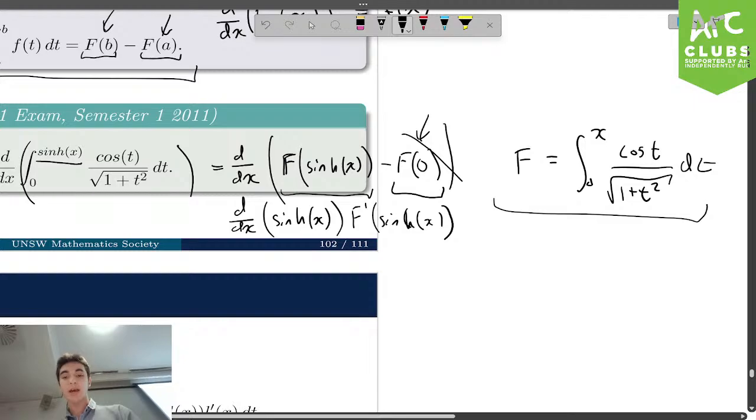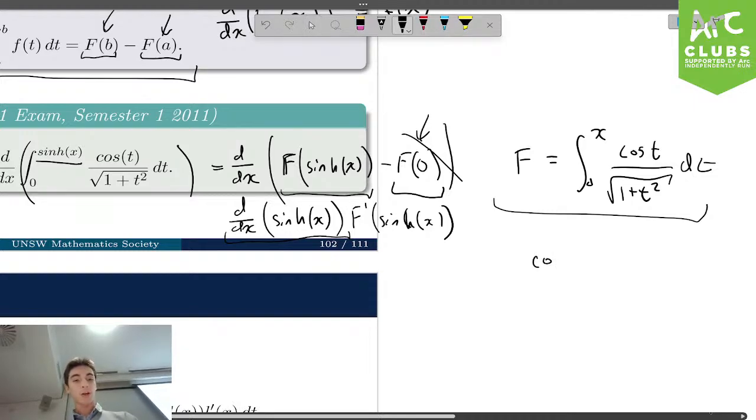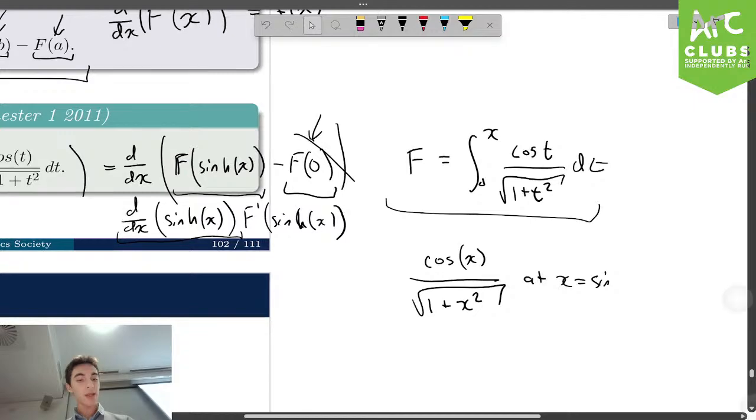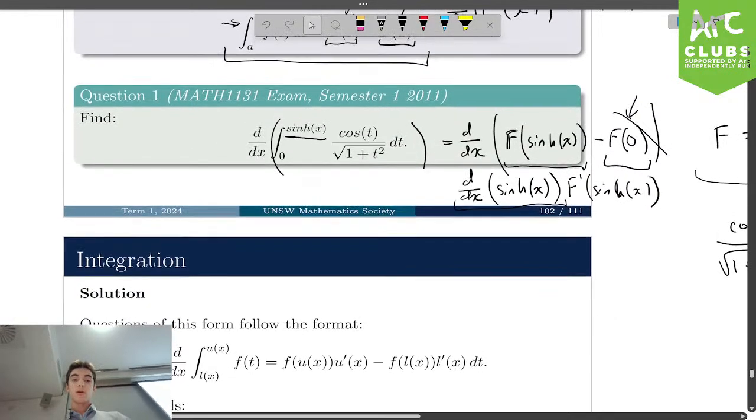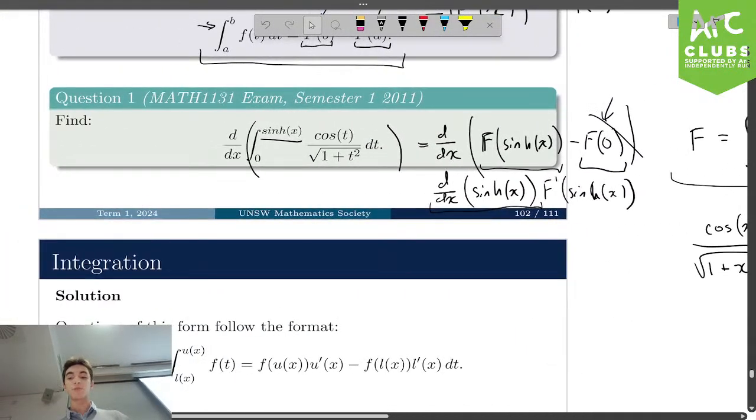So what this ends up being is that we're taking the derivative of the hyperbolic sine function, and also evaluating this expression, cosine of x over root 1 plus x squared, at sinh of x, okay? It does look a bit messy at first, but now we do have an explicit expression for the derivative.